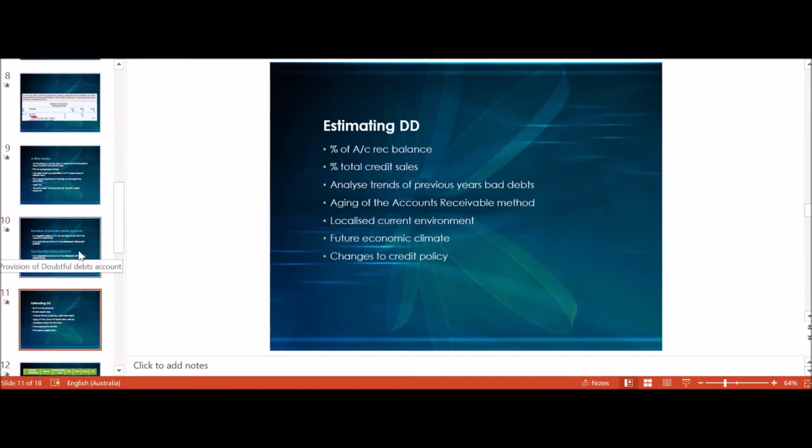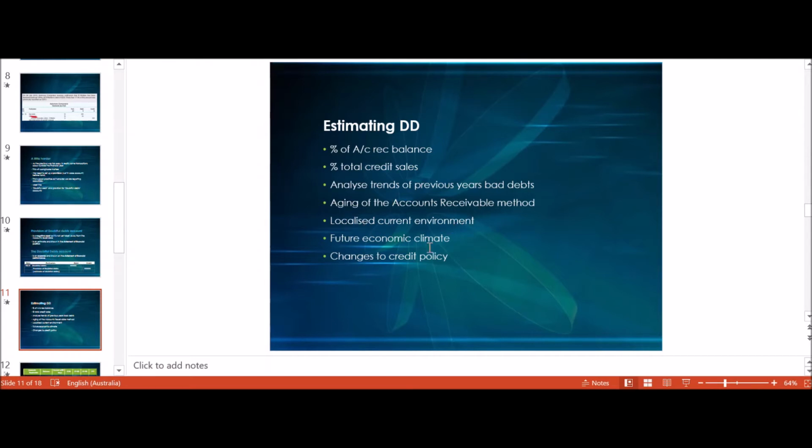Normally, when we set up a provision, a provision is like a ration. It's just like a just in case. We might estimate a percentage of accounts receivable. Generally, you look at trends, bad debts from previous years, how many generally happen. You need to look at the financial environment, the economic climate.